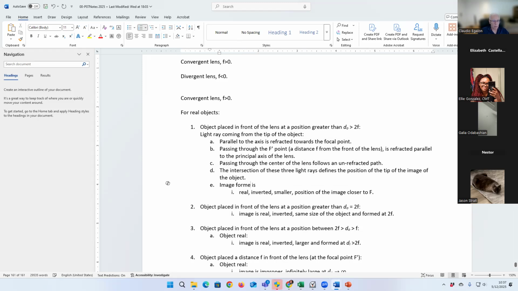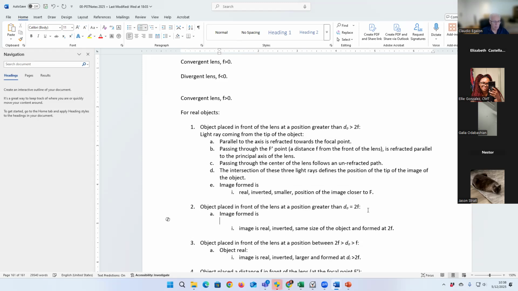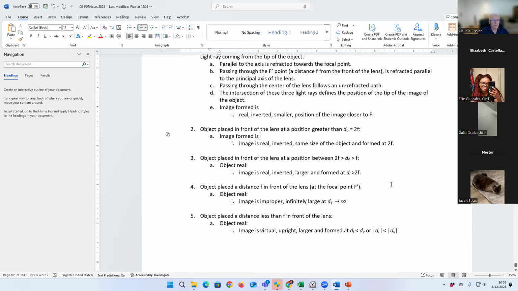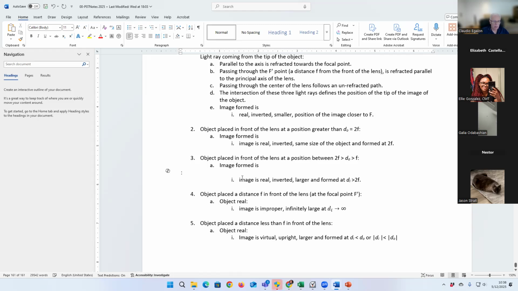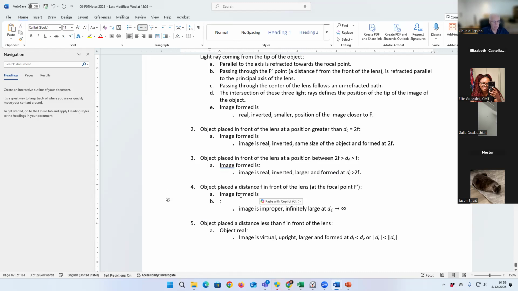Image formed. I don't need that. Here you go. I replace "for object real" with "image formed". Image formed this.